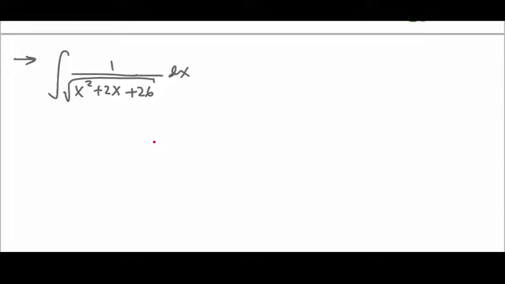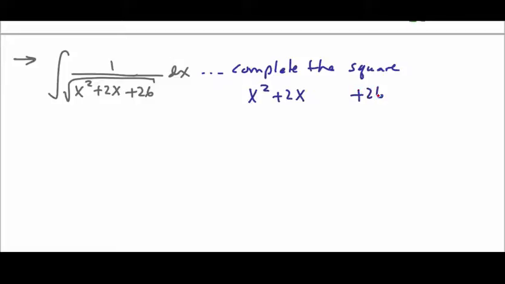Now notice this is not the sum or a difference of perfect squares, so I need to complete the square on this. And hopefully when I complete the square, I get it into an a squared plus u squared, or a squared minus u squared form. So let's look at completing the square. And again, this is an old algebraic technique. So completing the square, I take half my linear term.